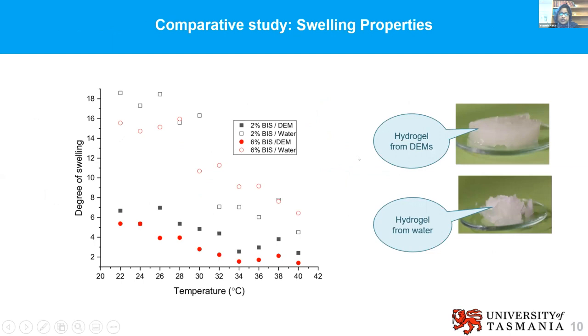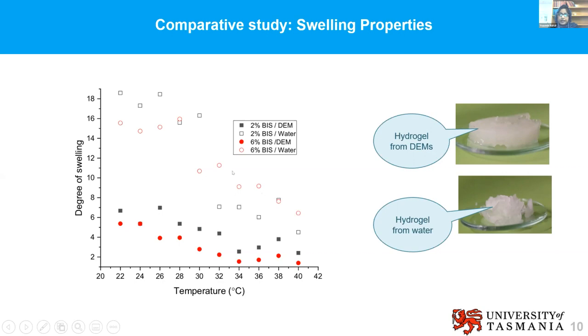The temperature-dependent swelling of this gel was observed by immersing it in water, and we find that the deep eutectic monomer-based hydrogel had low swelling. They can absorb less water than those prepared in water. Also the equilibrium swelling capacity is greater in the water-prepared hydrogel than the deep eutectic monomer one.